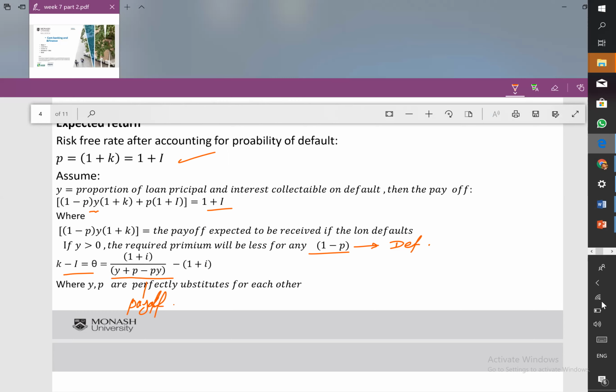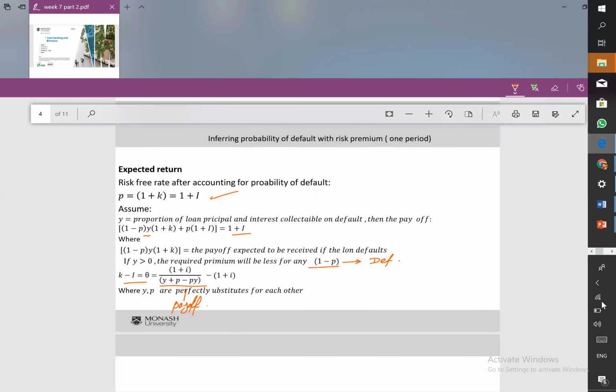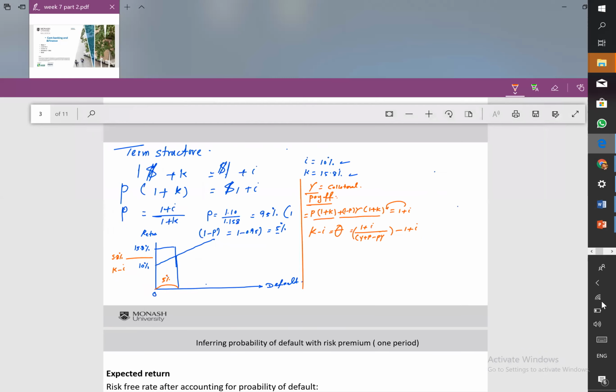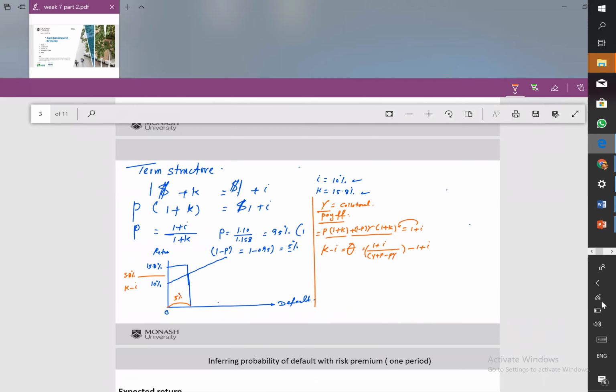This is the whole thing behind this formula, and I hope you get it this way. This is the whole payoff when there is a collateral, and this is of course the central bank.